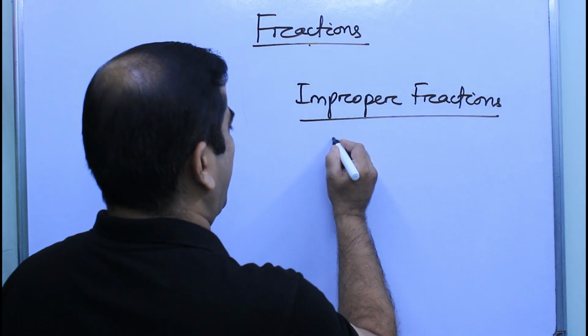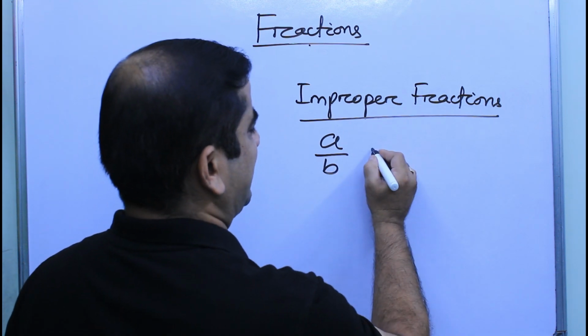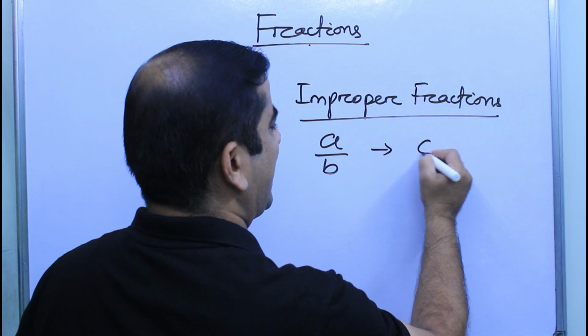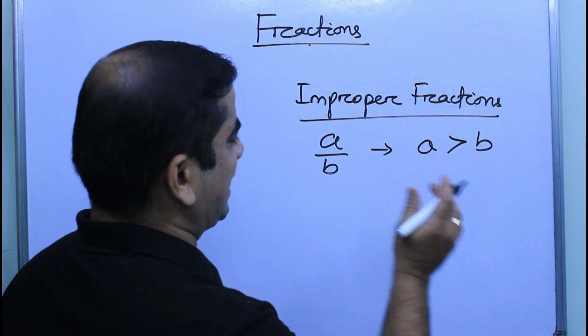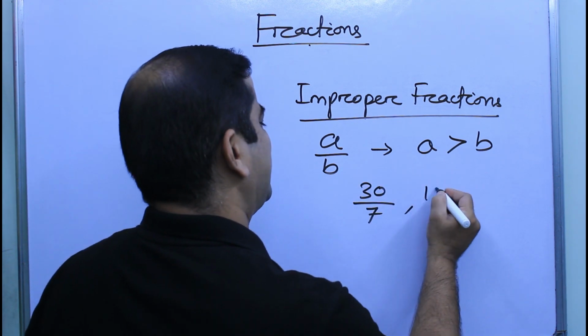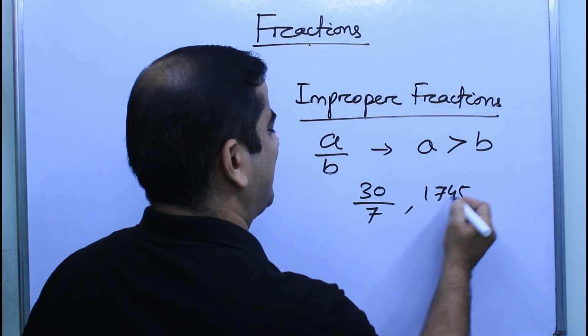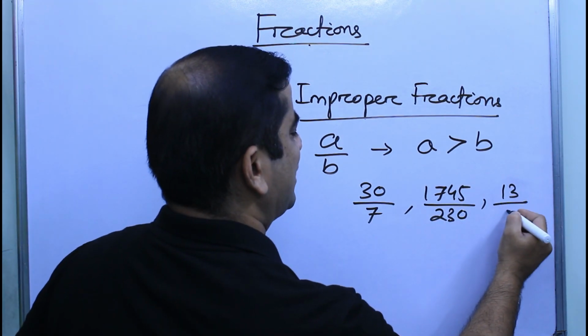So if a by b is a fraction, then improper fraction is the fraction where a is greater than b. For example, 30 by 7, 1745 divided by 230, 13 by 2.